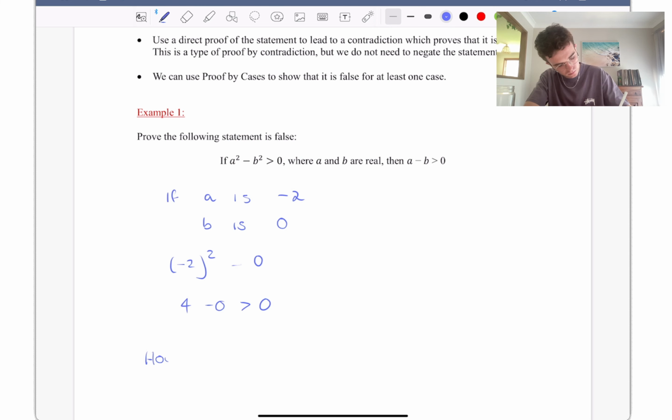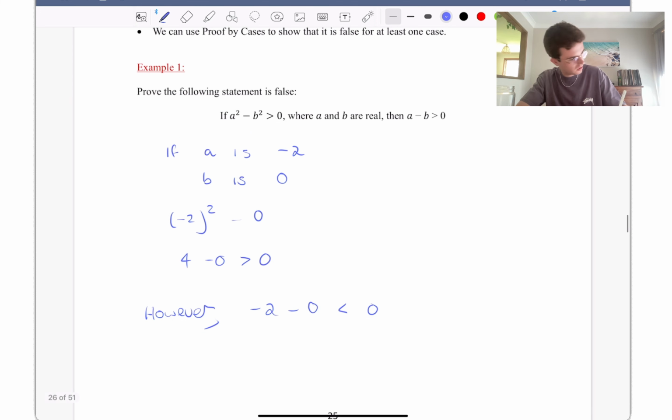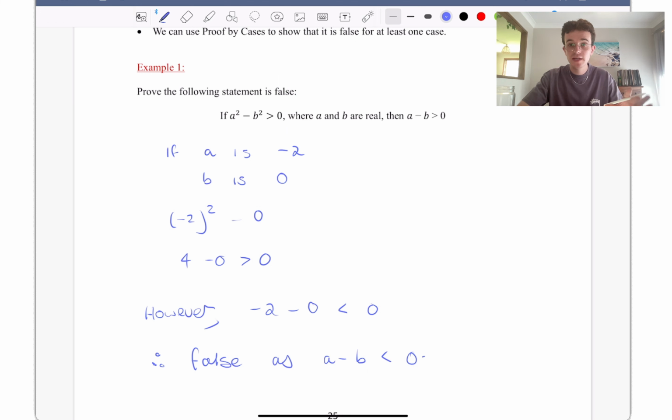However, minus 2 minus 0 is less than 0, so therefore false. So the way of disproving a universal statement such as this one is just by providing one simple counter-example, and that throws the whole universal statement out the window because it's no longer universal, it might just be existential.